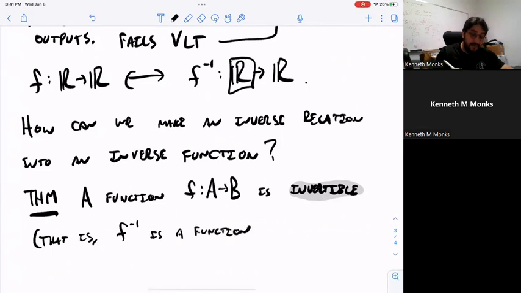I mean that the inverse relation, f inverse, is itself a function, and not just a relation.